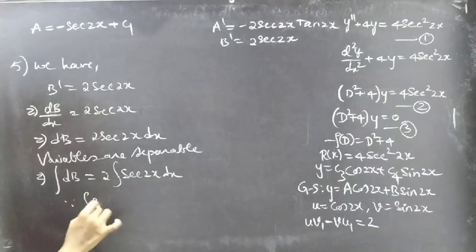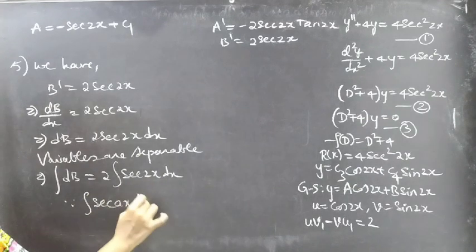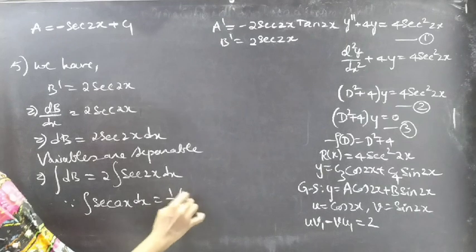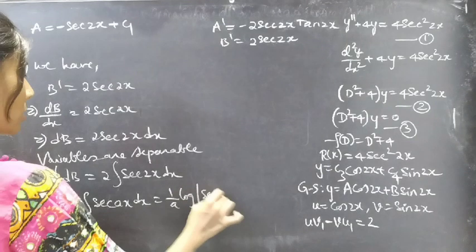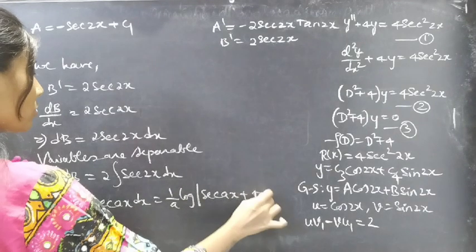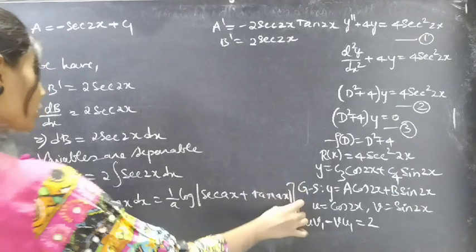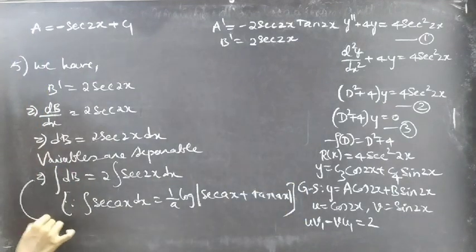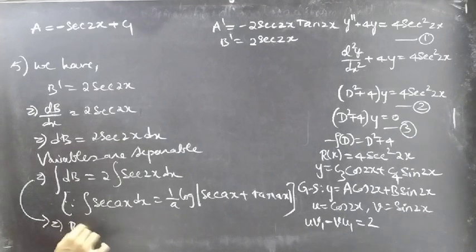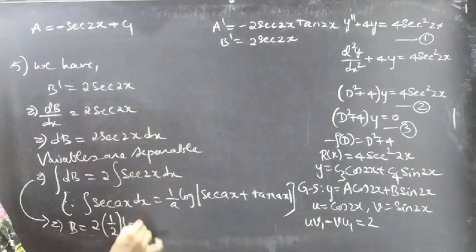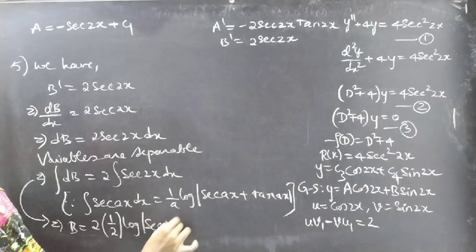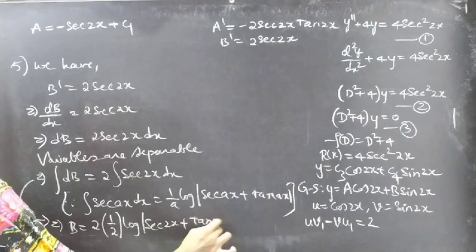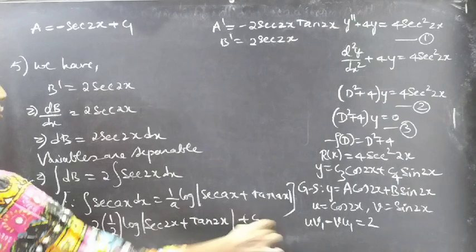Since integral secant ax dx equals 1 by a log mod secant ax plus tan ax, the above equation becomes integral dB equal to 2 into, just compare secant 2x with the integrand secant ax, then for a equal to 2 you'll have 1 by 2 log mod secant 2x plus tan 2x plus some integral constant, say c2.